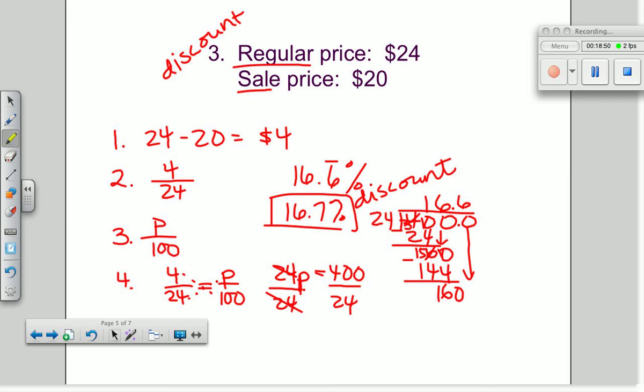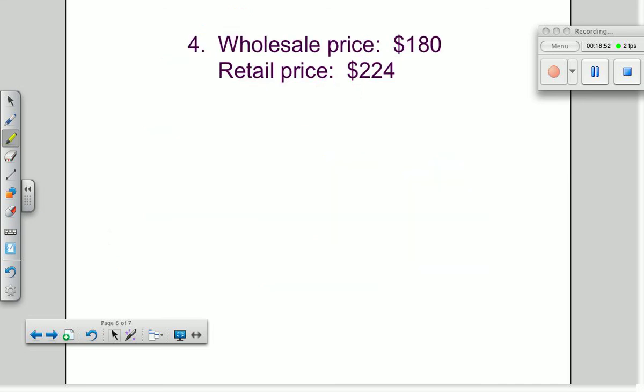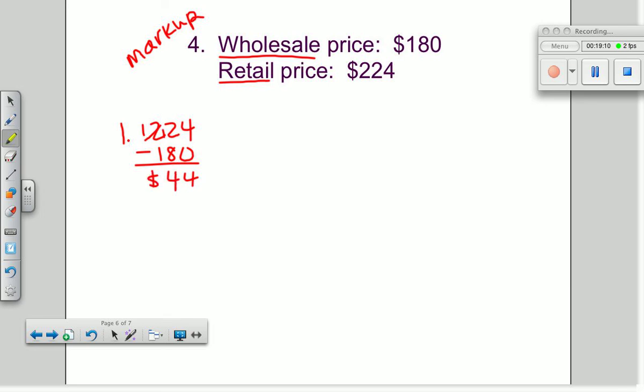And the next one. We have a wholesale price and a retail price, no discount, so that's a markup. Let's find the amount of the markup first. 224 minus 180. How much is it being marked up? It's being marked up $44.